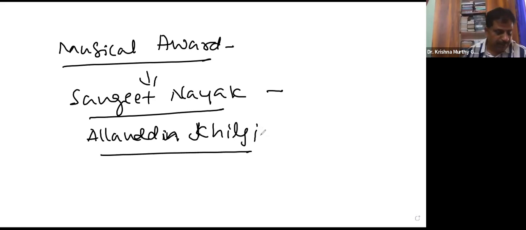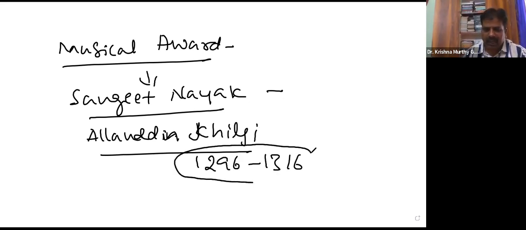He was also very much impressed by Indian music and ragas. So Alauddin Khilji not only supported Muslim musicians, he also supported Hindu musicians. Alauddin Khilji ruled Delhi from 1296 up to 1316, as a Sultan of the Khilji dynasty.